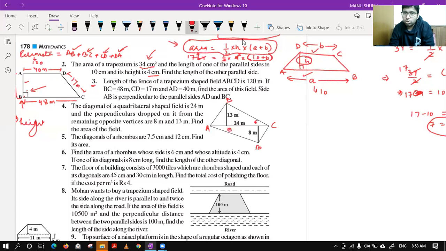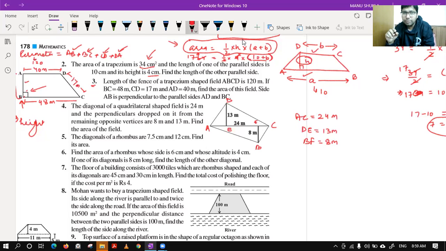The length of diagonal AC is given as 24 meters. Then perpendiculars dropped on the diagonal from the remaining opposite vertices are 8 and 13 meters. So DE is 13 meters and BF is 8 meters.